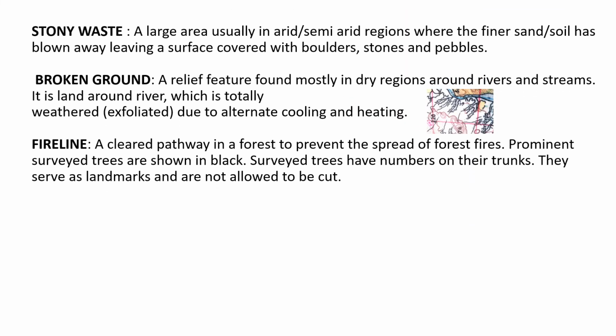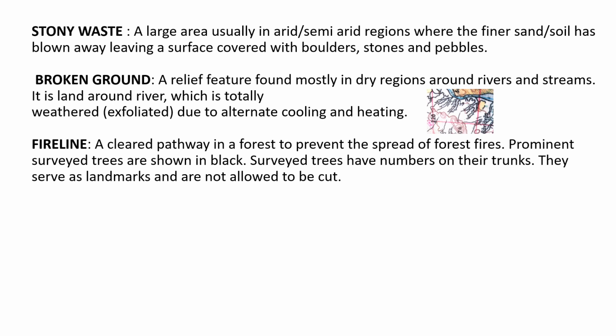After that, we have some more definitions. Stony waste is an area we cannot use because stone is jutting out of the place, and broken ground is formed due to weathering of the soil, and that land becomes very, very infertile.